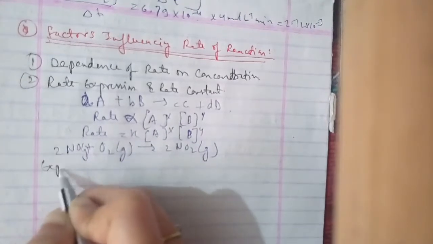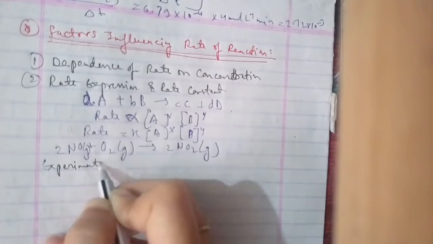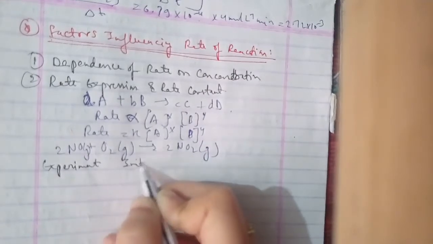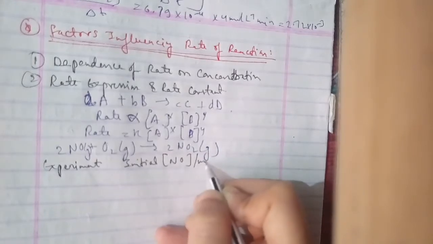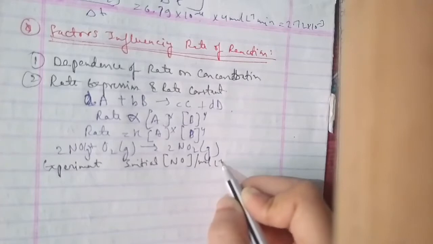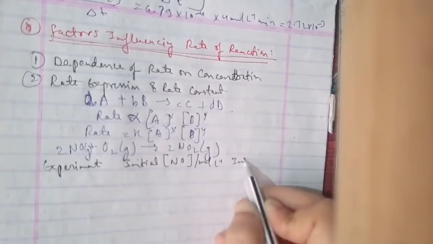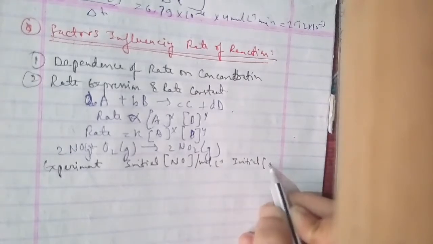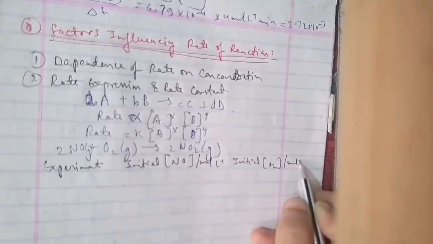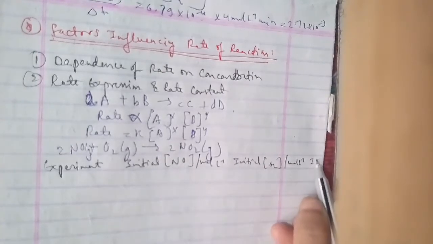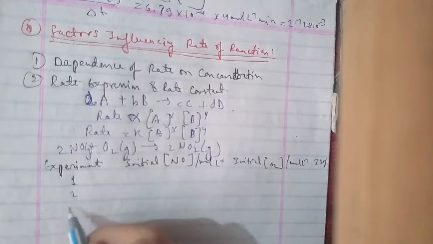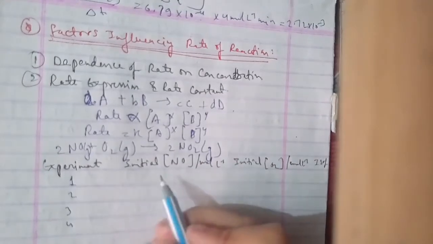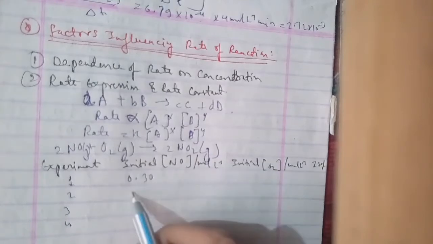For 1 it is 0.30, 0.30, and the rate is 0.096. For 2 it is 0.60 and 0.30, with rate 0.384. For 3 it is 0.30 and 0.60, with rate 0.192. And for 4 it is 0.60 and 0.60, then we have 0.768.